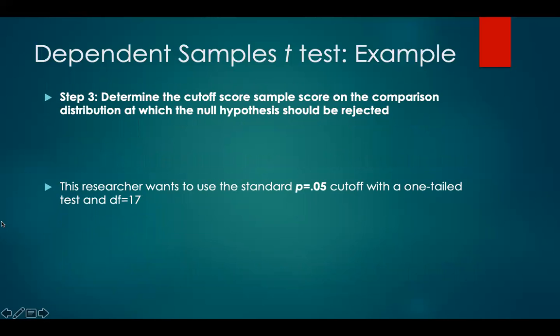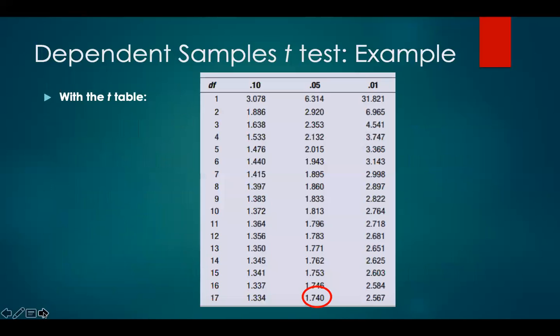And that leads us to step 3, which is determining the cutoff sample score on the comparison distribution at which the null hypothesis should be rejected. Let's say this researcher wants to use the standard p equals 0.05 cutoff with a one-tailed test and 17 degrees of freedom.